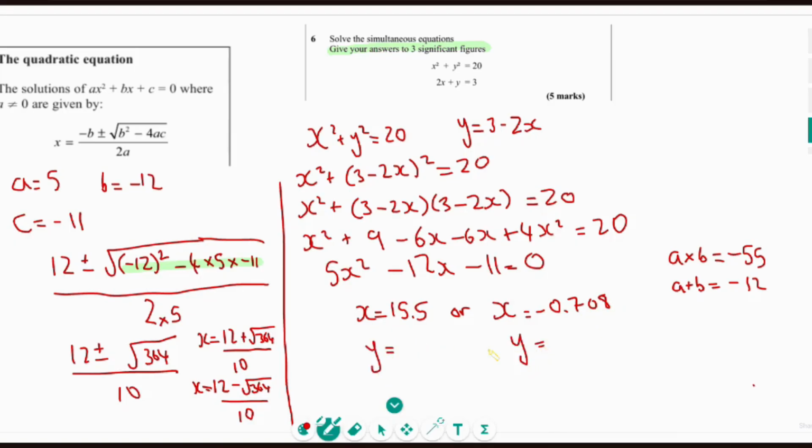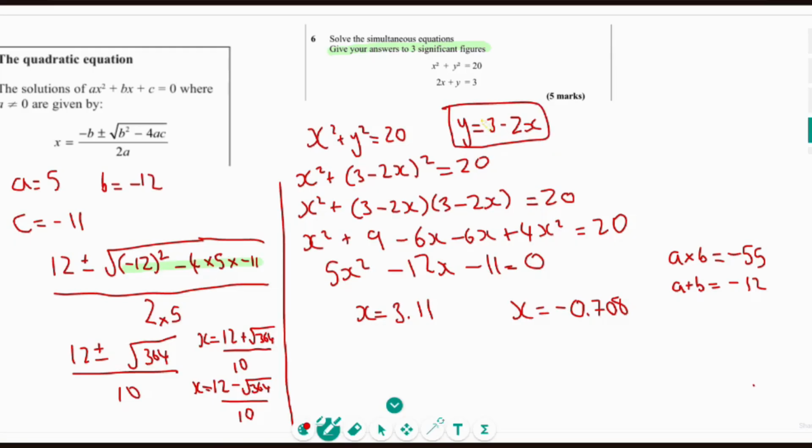Now let's substitute it back into here. Get minus 28 for y. Which gives you x is 3.11 to three significant figures. Here x is minus 0.708.